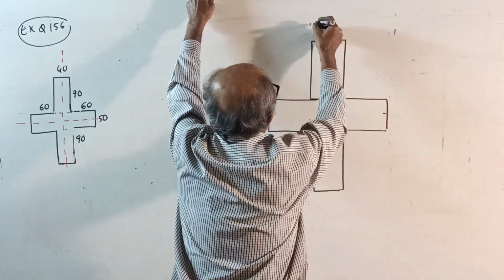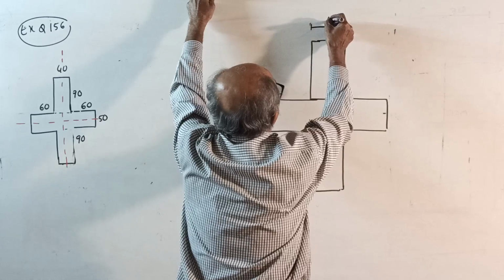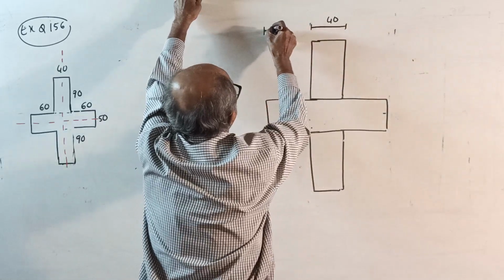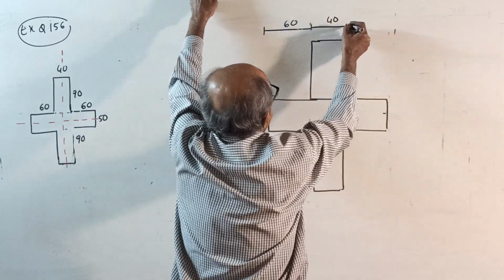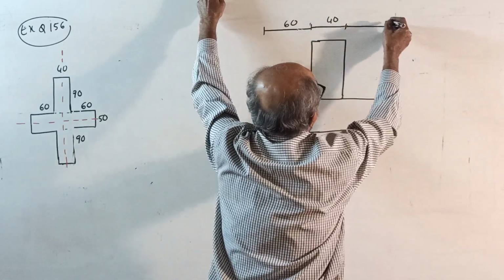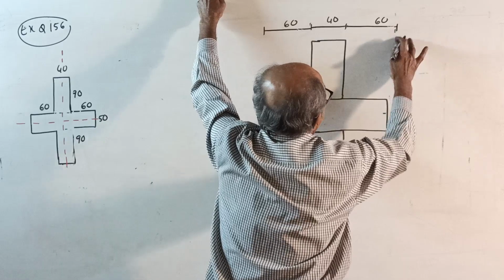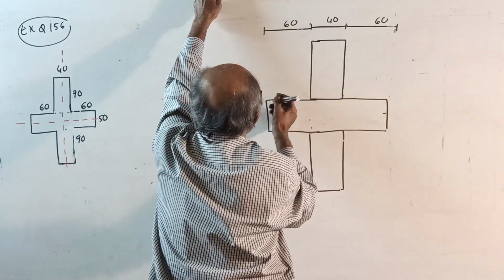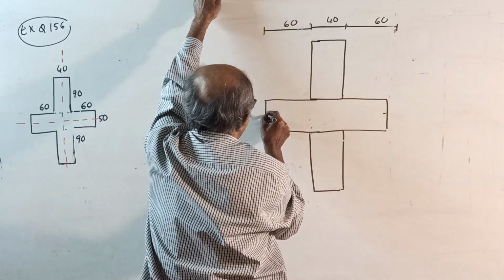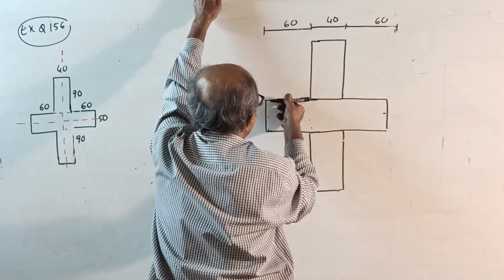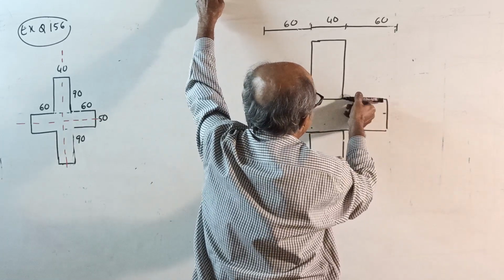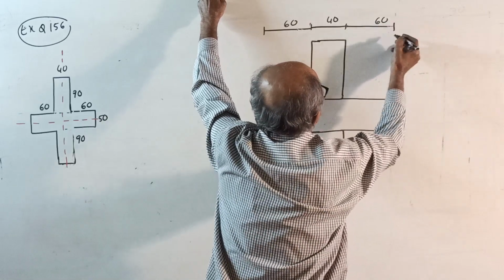Now see. This is 40. This is 60. This also 60. It is becoming a little bigger here. Up here, 60, 60.